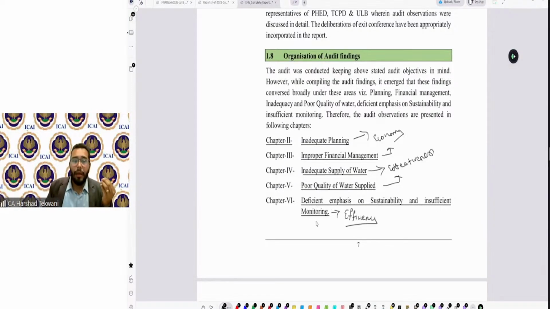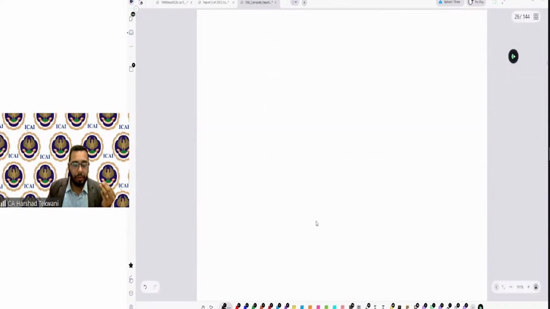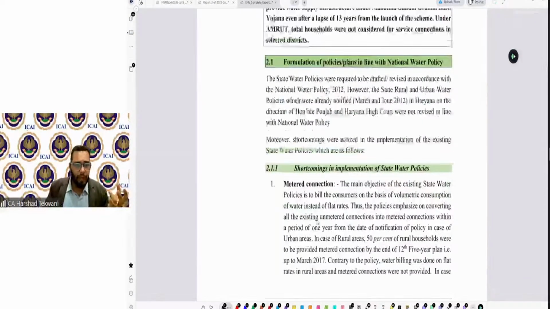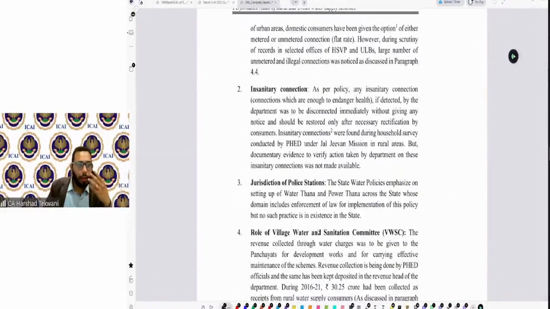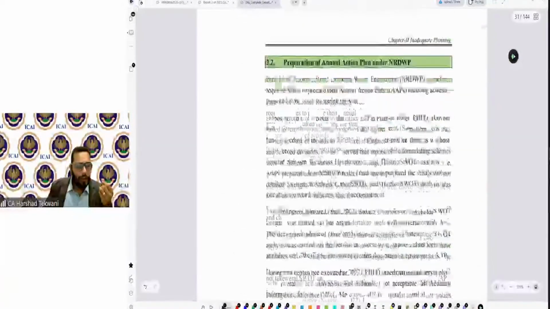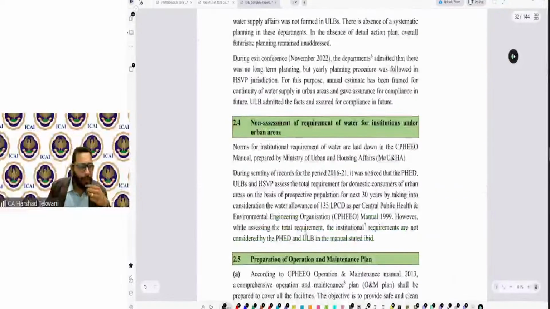Three pillars of my performance audit. And then if you go in detail, you will understand what is there. So what was the outcome? What was identified? If I just provide you some examples, you will be able to understand.